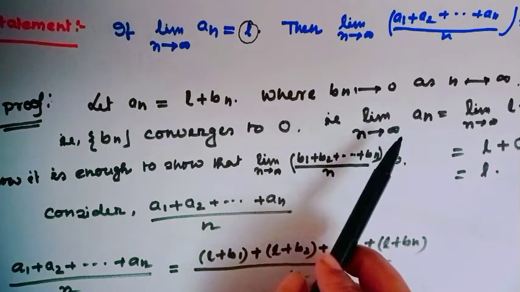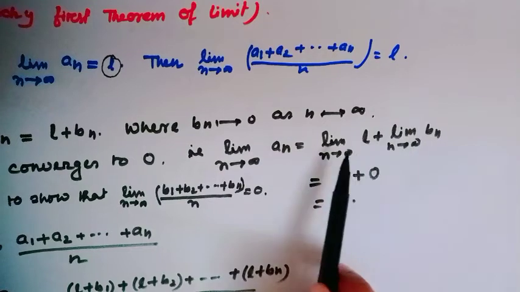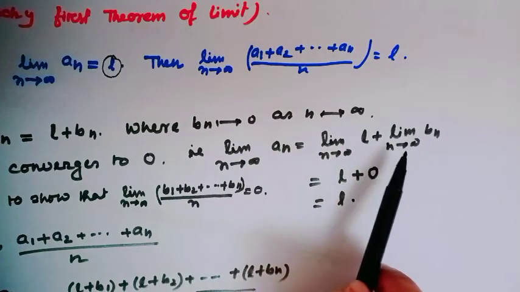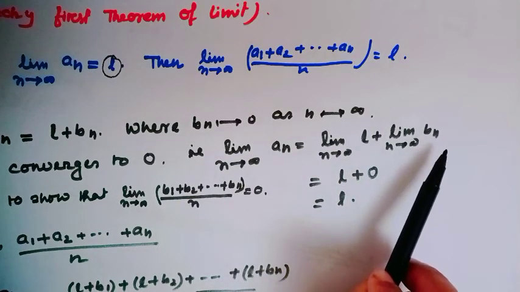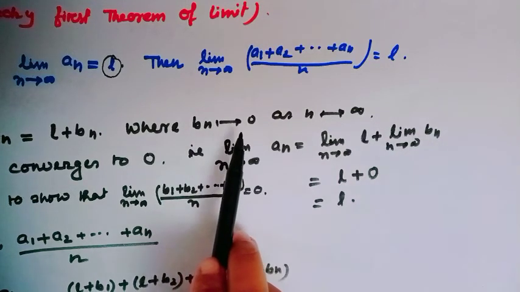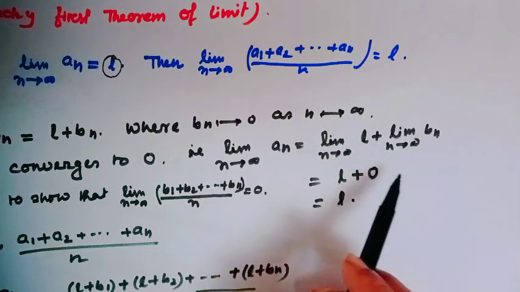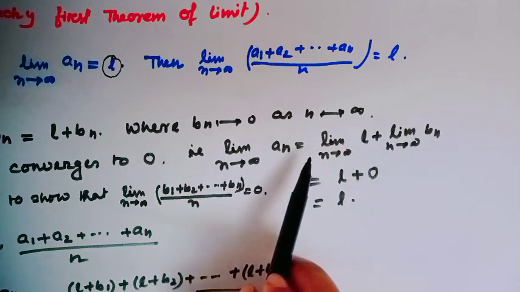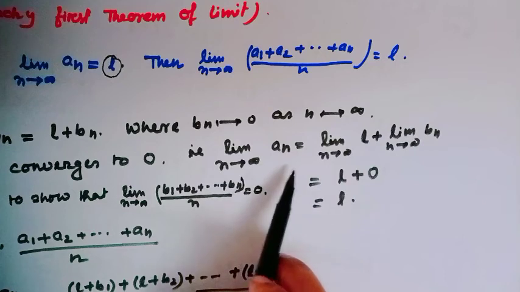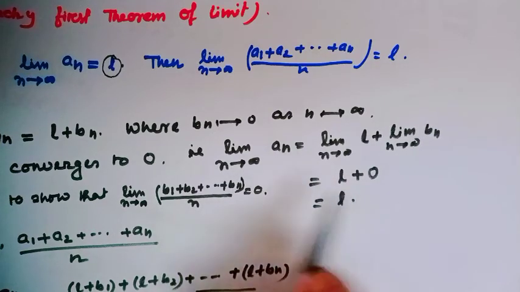And the limit of an equals the limit of L plus the limit of Bn. Since Bn converges to 0 as n tends to infinity, that limit will be 0. That means we consider the limit as n tends to infinity of an equal to L.